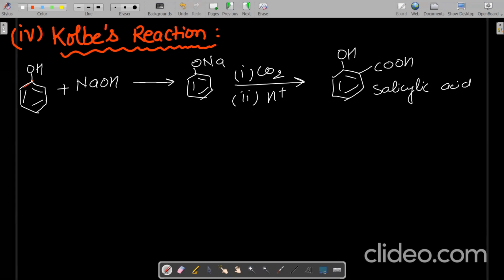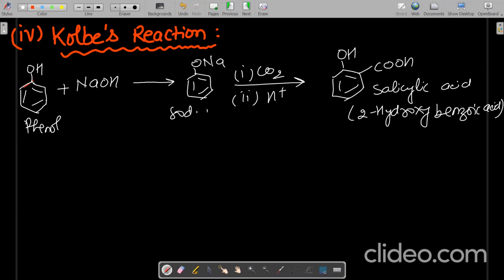What will be its IUPAC name? You can say the IUPAC name will be 2-hydroxybenzoic acid. Okay, so this is this. So phenol reacts with NaOH to form sodium phenoxide, and this sodium phenoxide further reacts with carbon dioxide, which is acidified to give the final product salicylic acid.